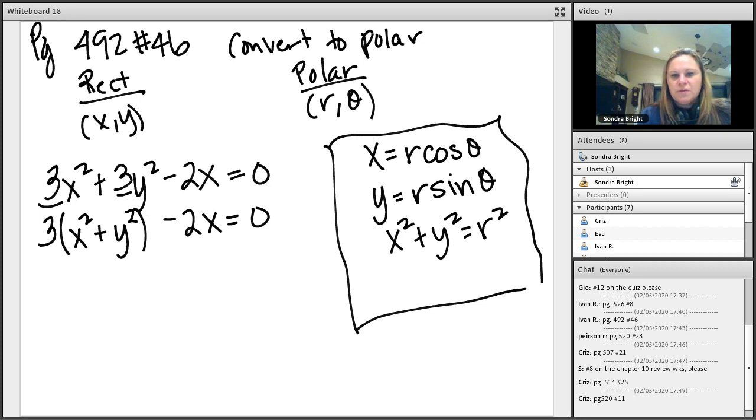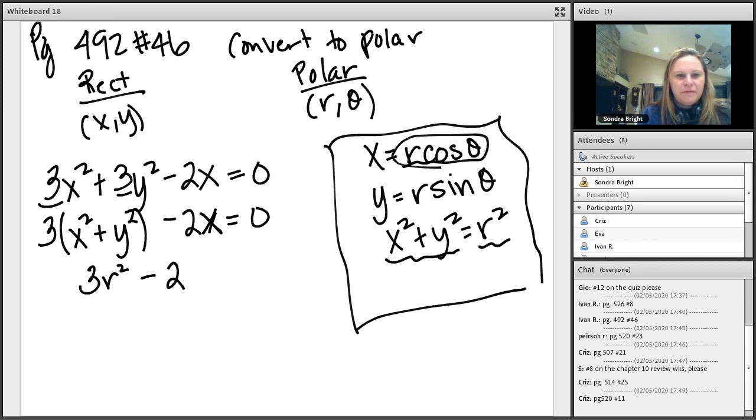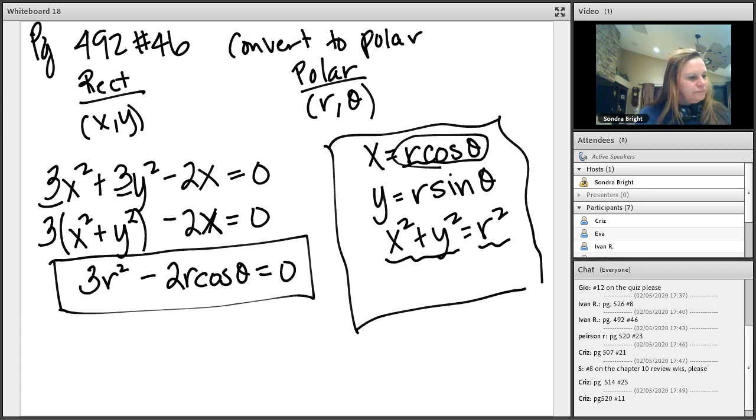And we know x squared plus y squared is r squared. So this is a 3r squared, and then minus 2 times x, I'm going to replace it with r cosine theta. And done. Just use those conversions and split it up. And there you go. That was 492.46.